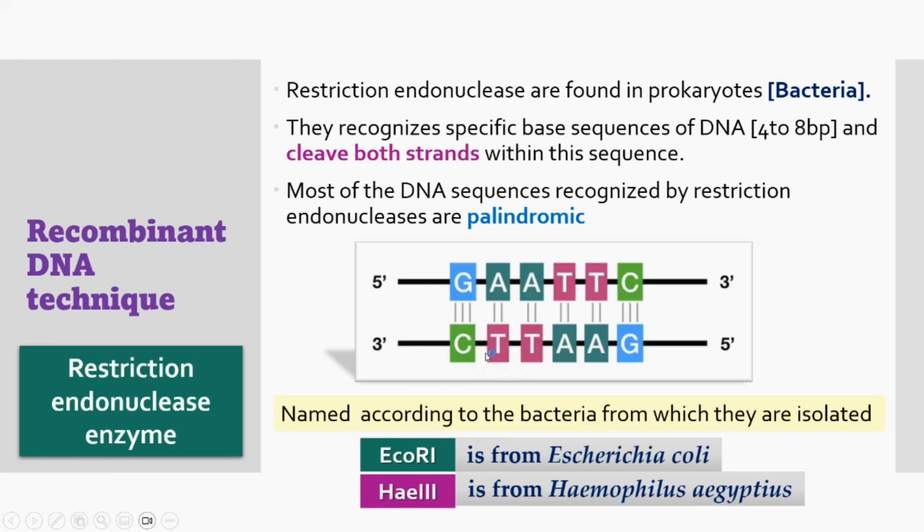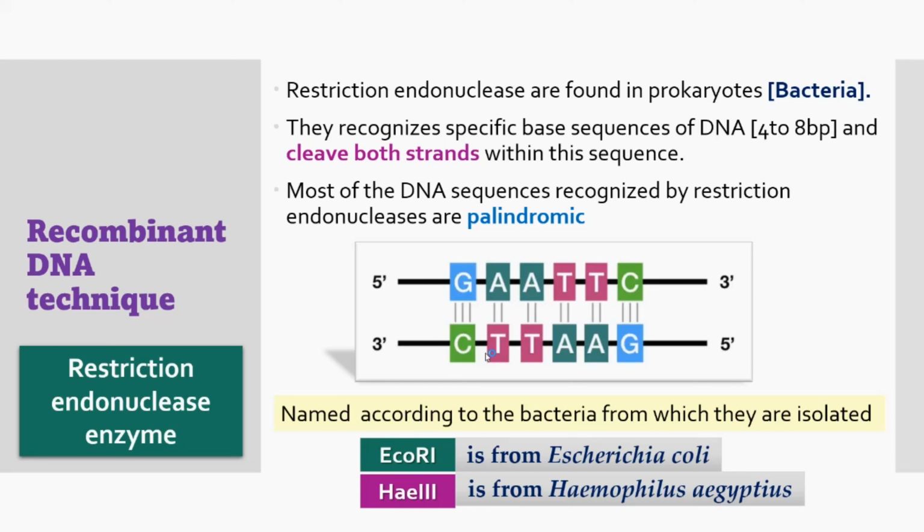So these sequences are called palindromic sequences. Most of the restriction endonuclease enzymes can cleave only their specific sequence, and it should be in a palindromic manner. Otherwise, they cannot cut both the ends.